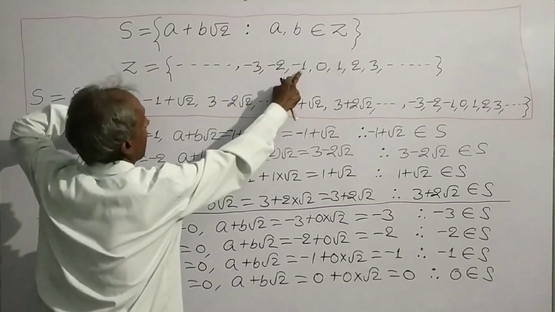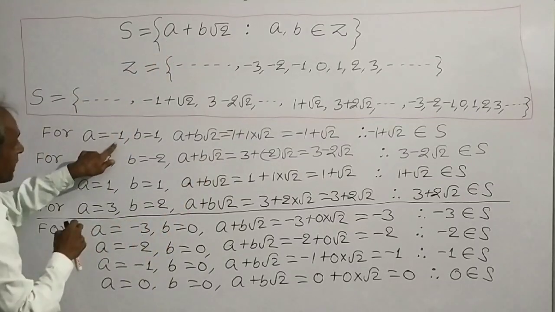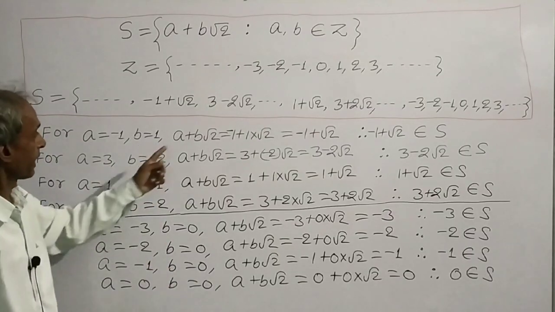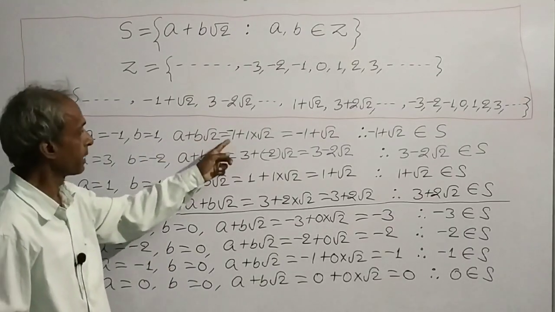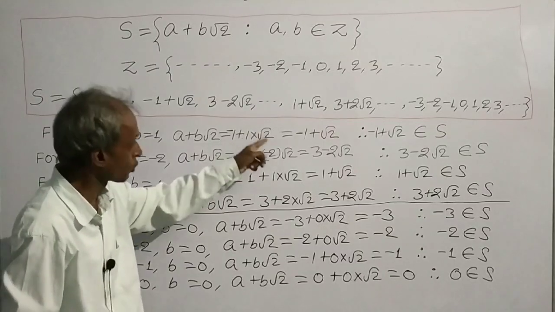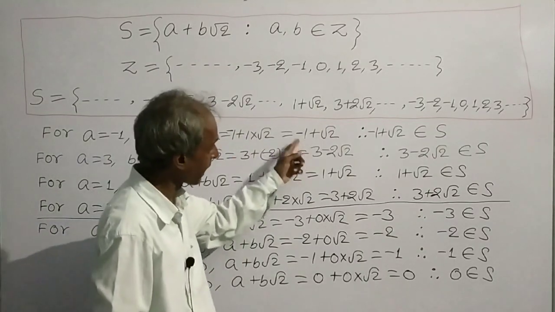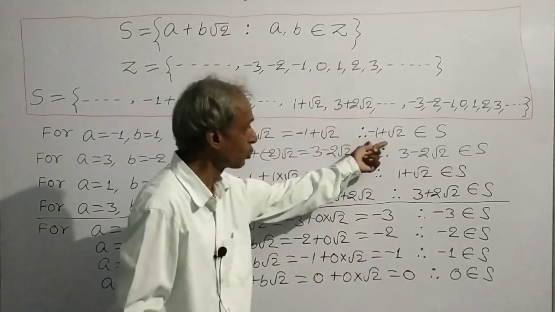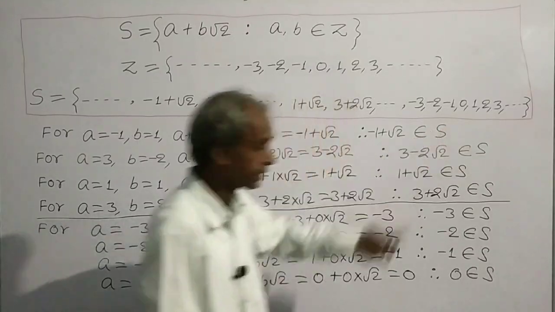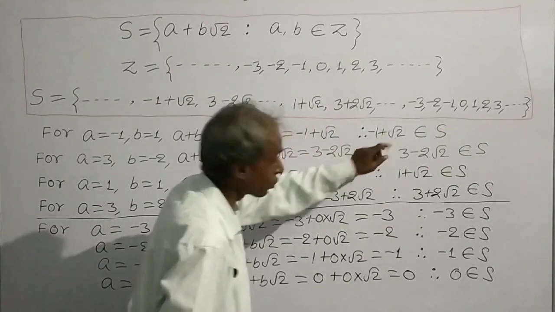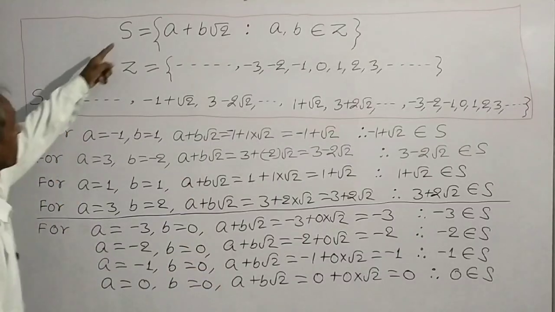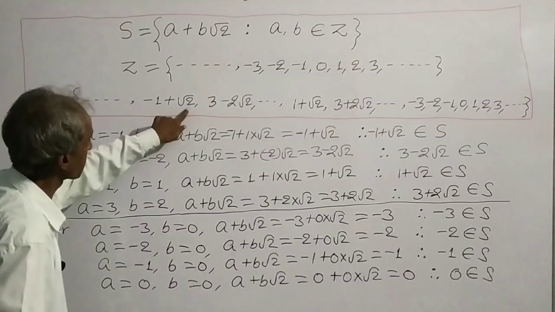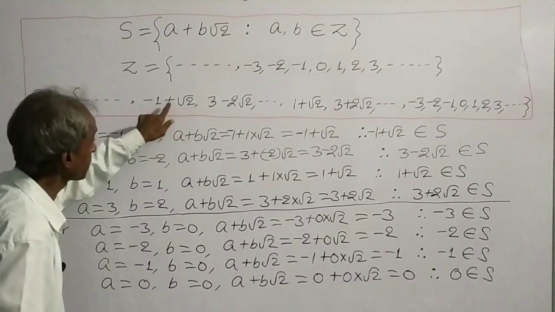If we put -1 in place of a and 1 in place of b, then a plus b root 2 will be -1 plus 1 times root 2, that is equal to -1 plus root 2. Therefore, -1 plus root 2 belongs to S. That means -1 plus root 2 will be present in this set. We write this set here. -1 plus root 2 will be present in this set.